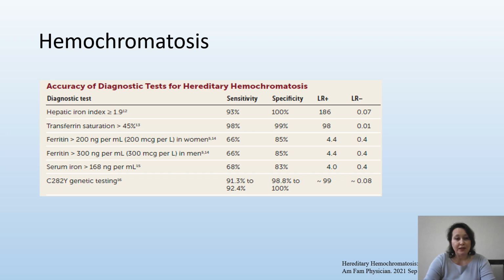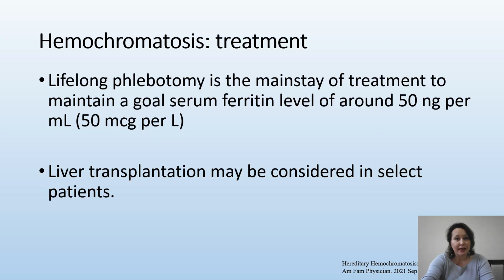For diagnosing we use all these tests: hepatic iron index, transferrin saturation, ferritin level, iron level and genetic test. But you can see that no one test has 100% sensitivity and specificity. That's why we should take into account all methods together, summarize all data, and after that we decide about hemochromatosis.